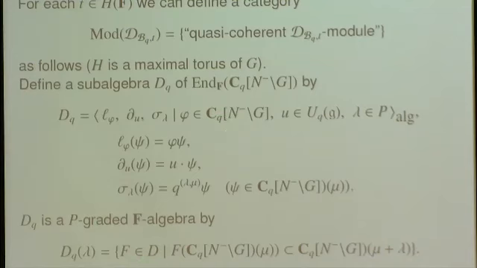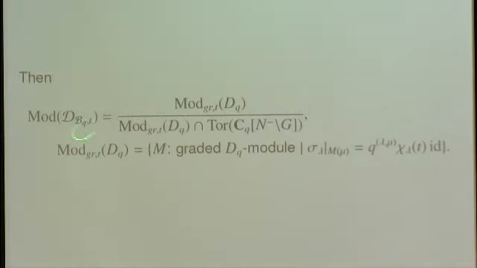Now this is D_q. D_q,lambda consists of operators in D_q which send the degree mu part to the degree mu plus lambda part. Okay, so we have some graded ring. And then we can define this category as a quotient of some abelian category. This category is a category of graded D_q modules.